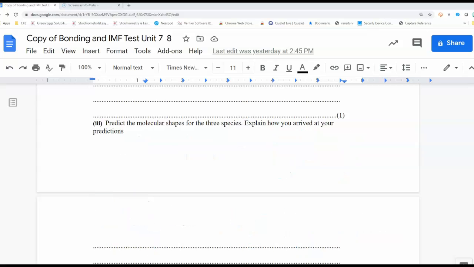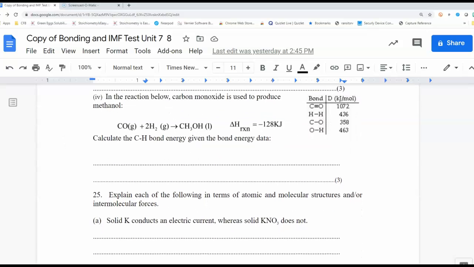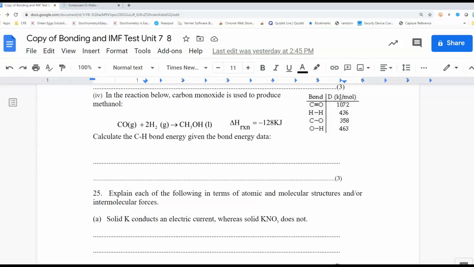Okay, going on to our next part, we have in the reaction below, carbon monoxide is used to produce methanol. Calculate the C-H bond energy given the bond energy data. So we're going to be using the fact that the heat of the reaction is given to us, and so we're going to follow that the heat of the reaction is equal to, this is all bond energy, reactants minus products.